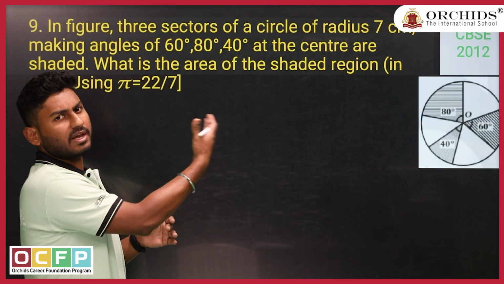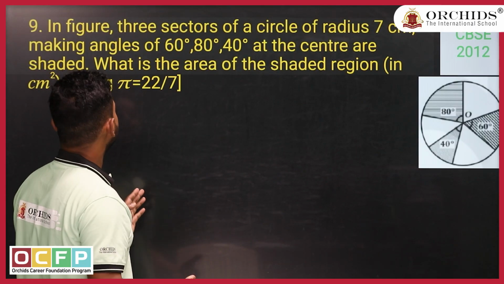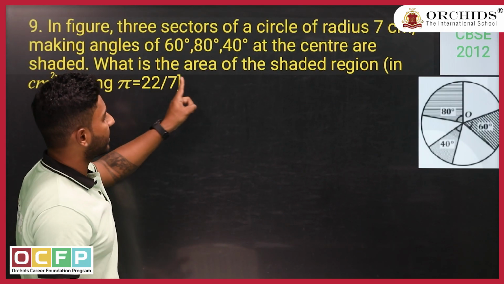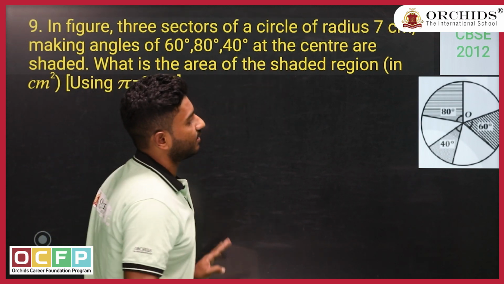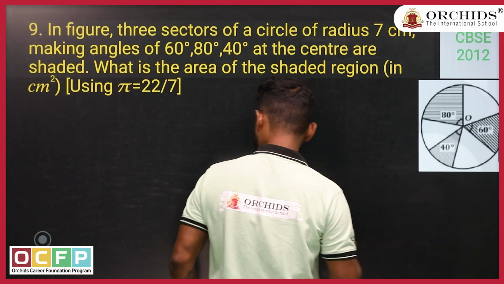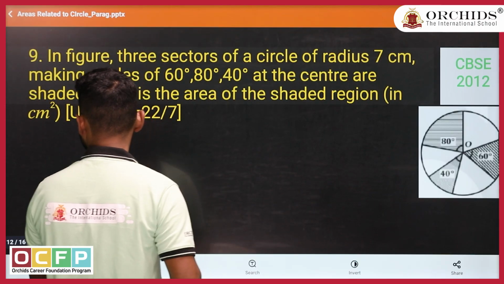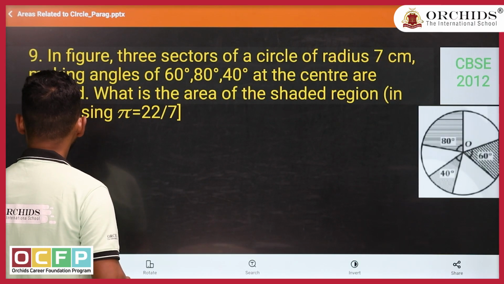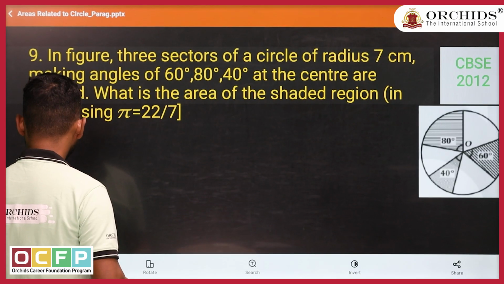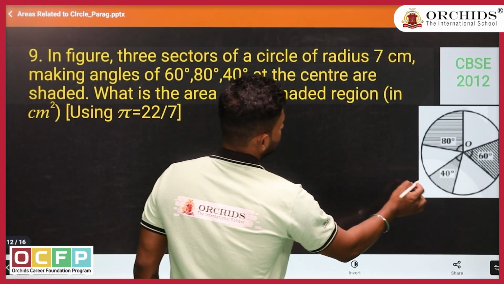Or you can just make a formula and then put the values. But you have to use pi as 22 by 7. Did they give you the radius? Yes, the radius is given. The radius is 7 centimeter.